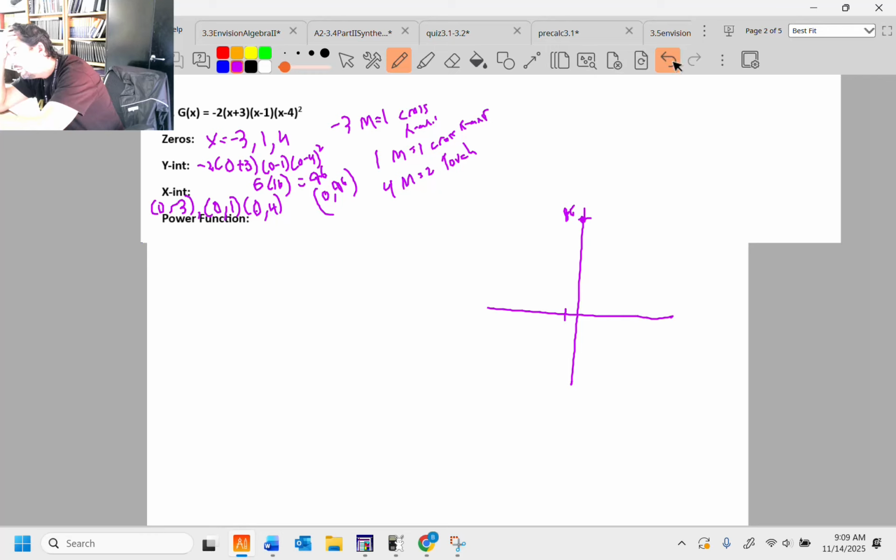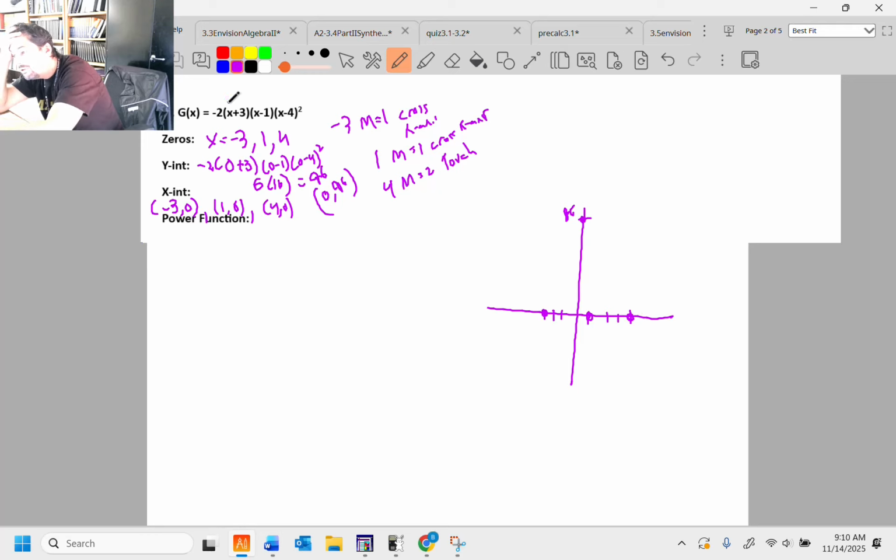I don't know why I wrote it like that. My God, I am tired, apparently. I got my x's and y's confused. Bad math teacher. Horrible math teacher. All right, that looks better. Negative 3, 0, 1, 0, and then 4, 0.